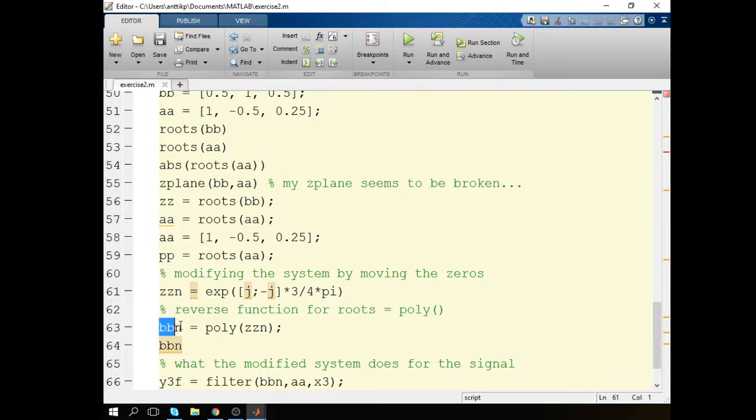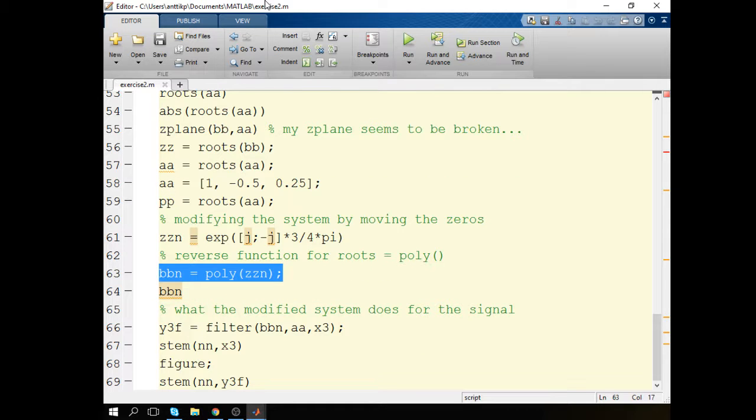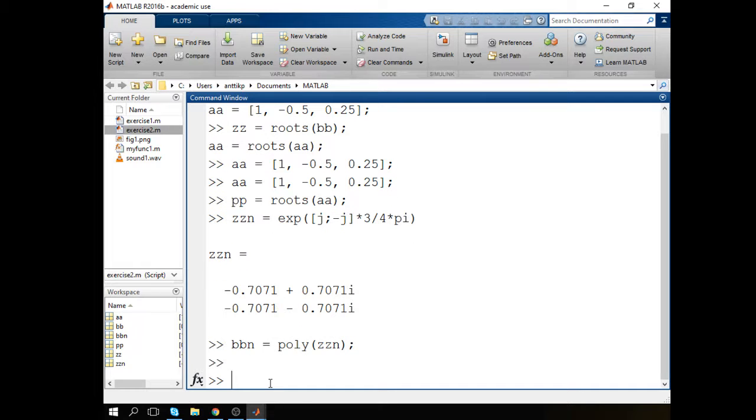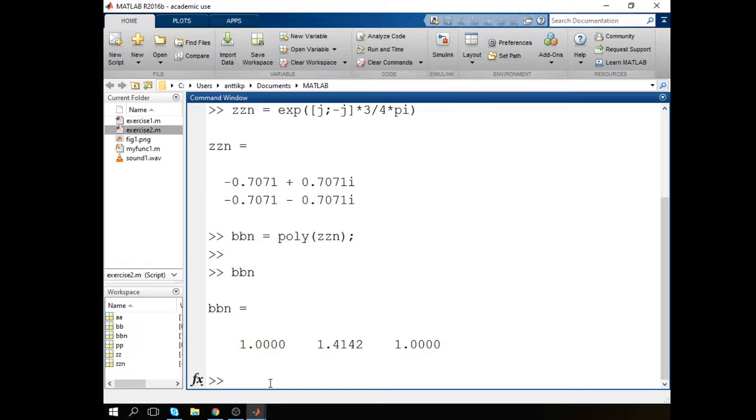Modify that one. Okay, now I have my system, I hope. Oh, there we go, I just evaluated it. So now I have a system with AA the same as this one here, and then BB. It doesn't matter what kind of system you take.